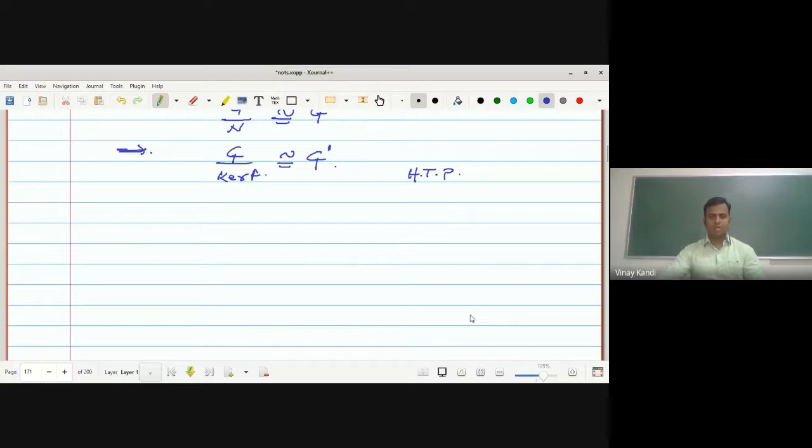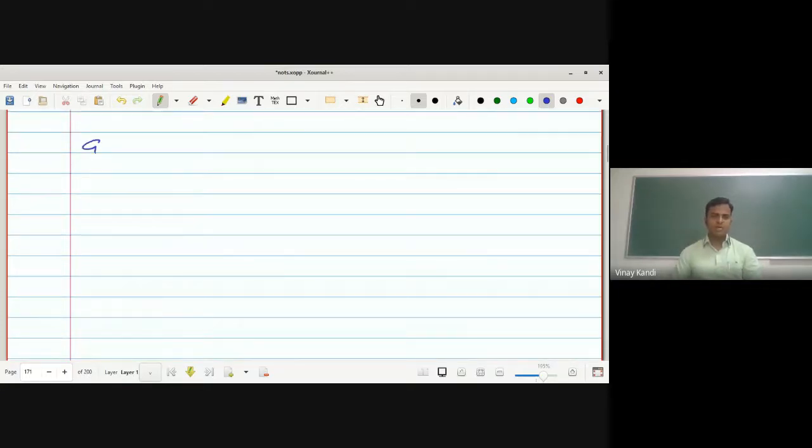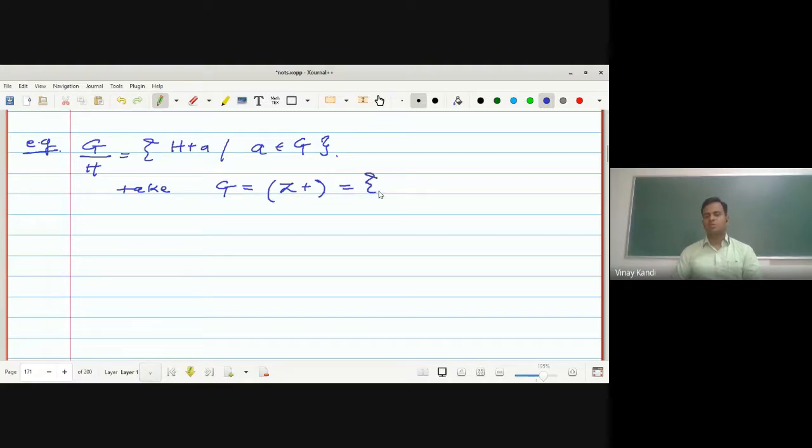Okay, yesterday I told you an example of what the group g by h looks like. If addition is the binary operation on g, then h plus a such that a belongs to g. Okay, take yesterday's example. Take g equal to Z plus, that is 0, plus minus 1, plus minus 2, up to so on, and take h equal to the group generated by 3.